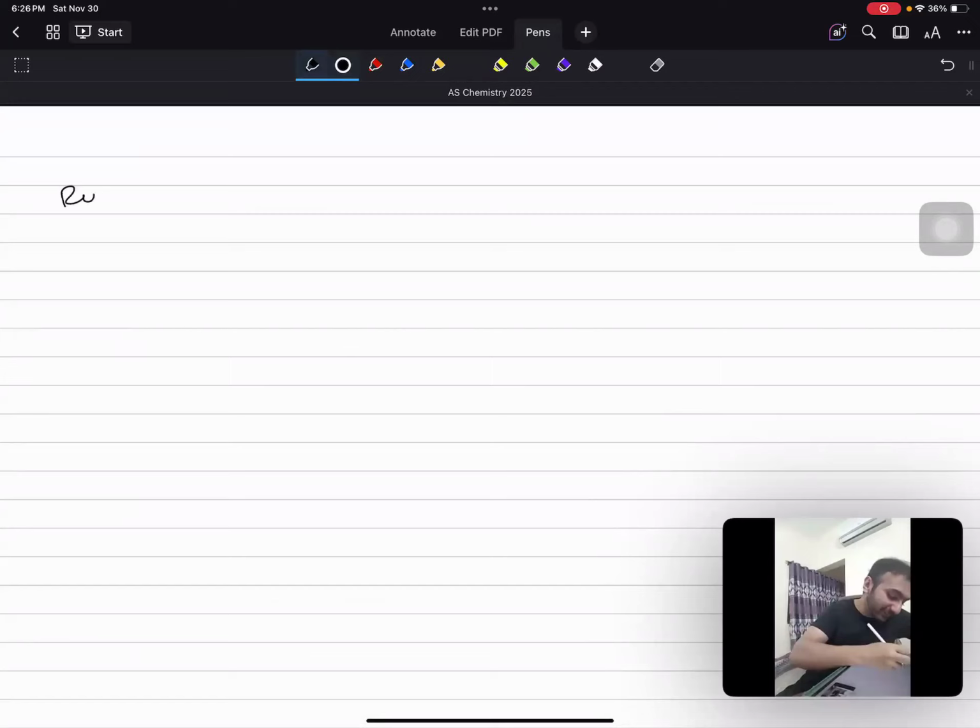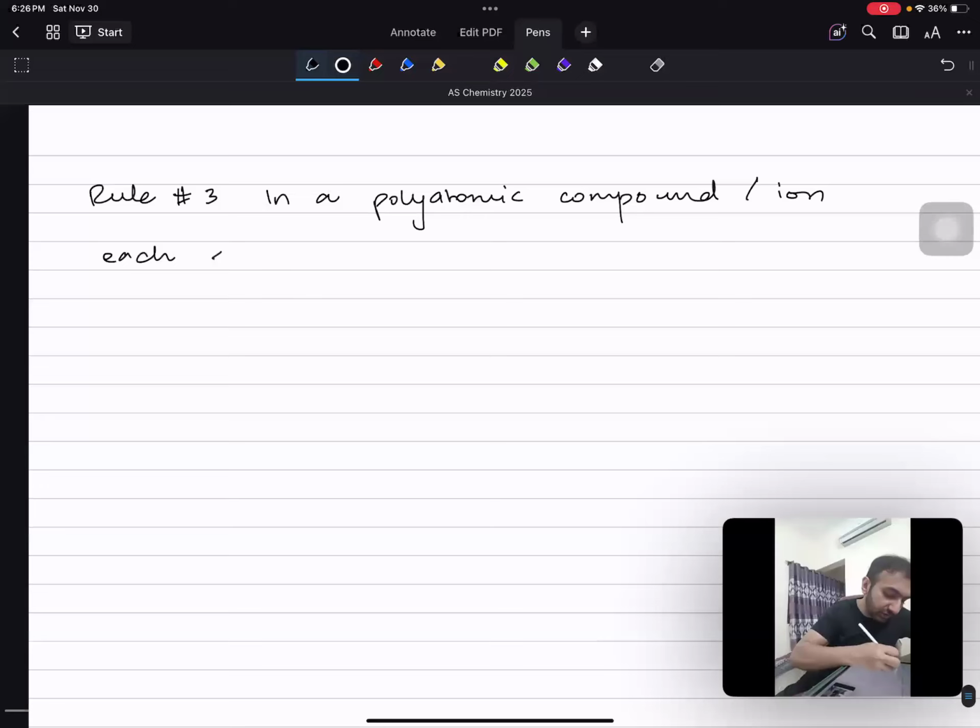So we have a rule number 3. Rule number 3 is, if you're dealing with a polyatomic compound or ion, then each element has its own oxidation number.